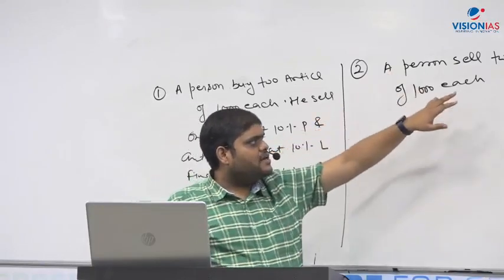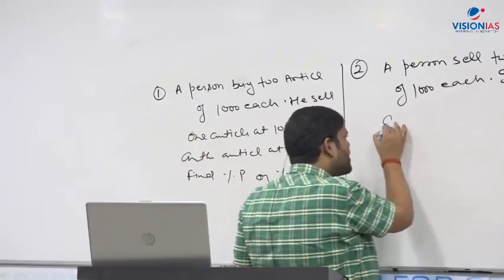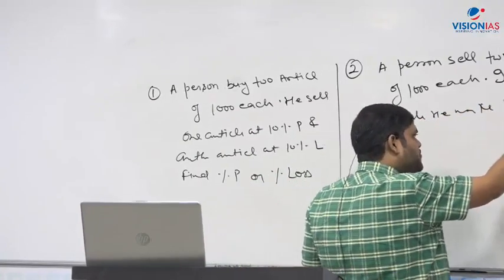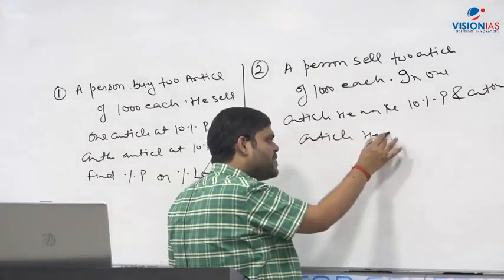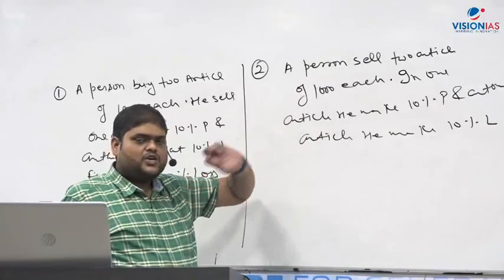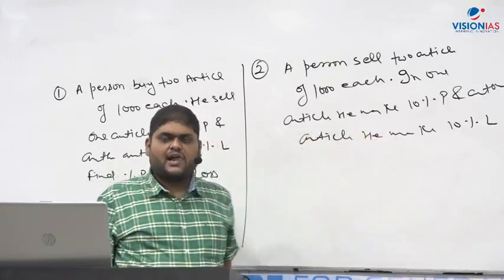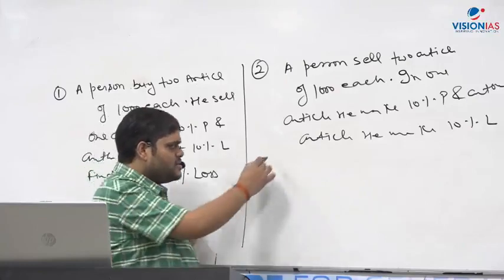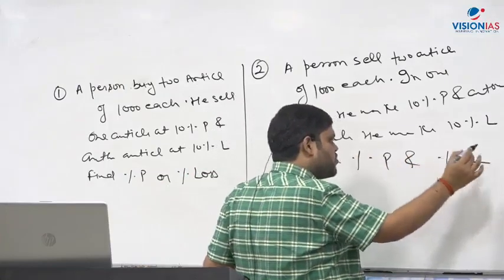A person sells 2 articles of 1,000 each. On 1 article he makes 10% profit, and on another article he makes 10% loss. Find the percent of profit and percent of loss.